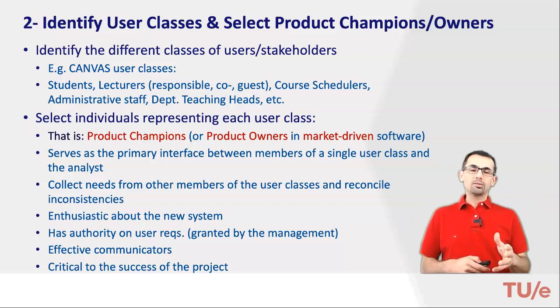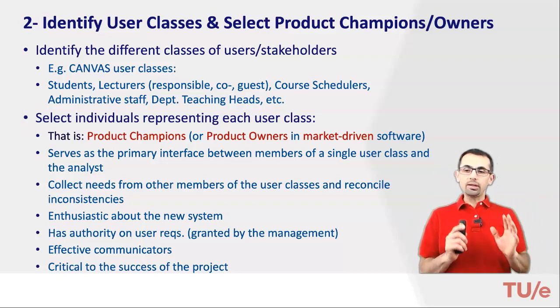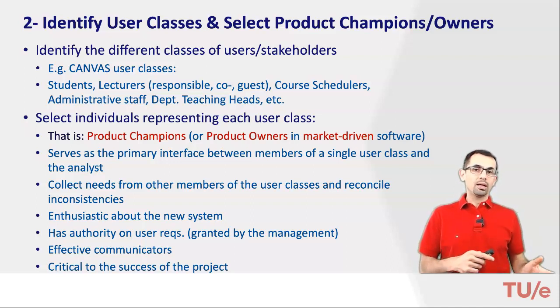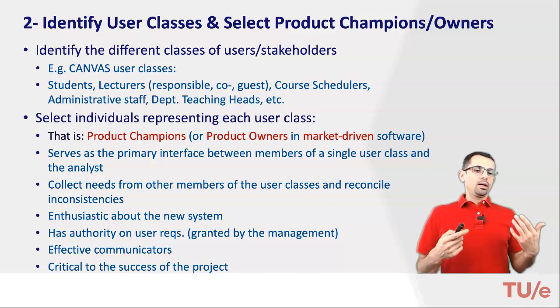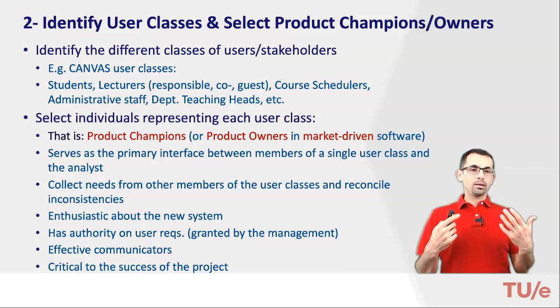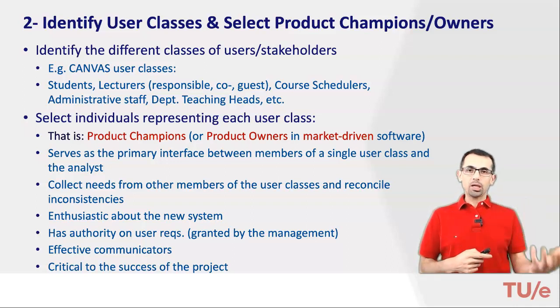Effective communicators, as we mentioned, is very critical, in fact, for the success of the project. As I said at the very beginning, the success of the project very much depends on the extent of communication that you can set up with your users or with your stakeholders.